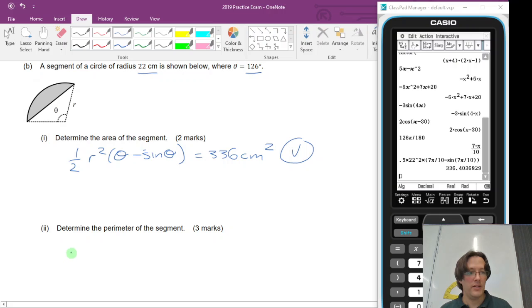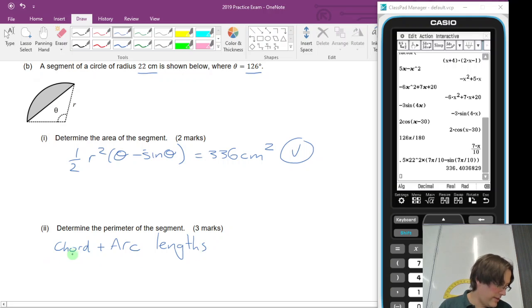What's the perimeter of the segment? For that, we need to get the chord length, which is that length there, plus the arc length. I'll do the arc length first because that's the easiest one. That's going to be r theta, and the chord length is 2r sine half theta, or theta on 2.